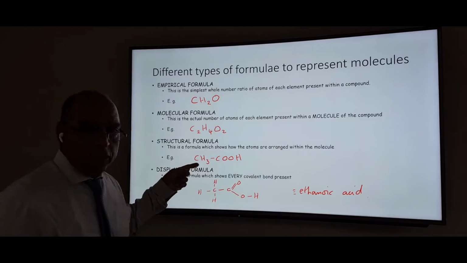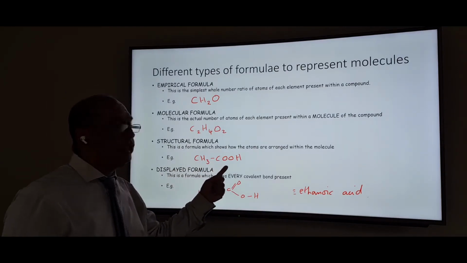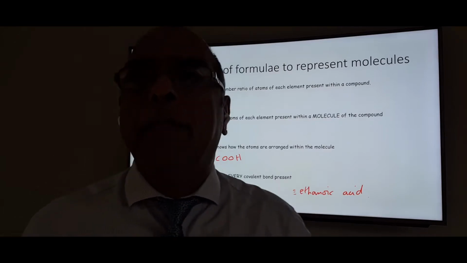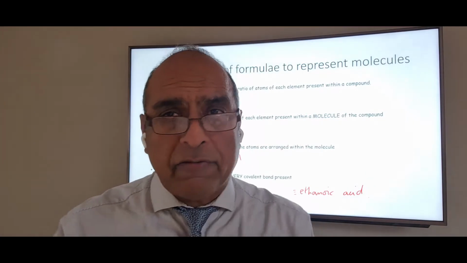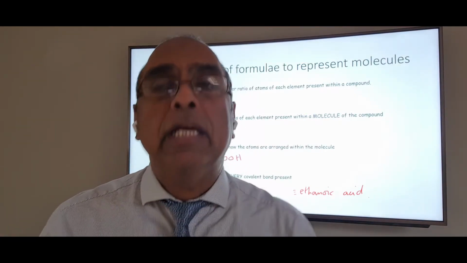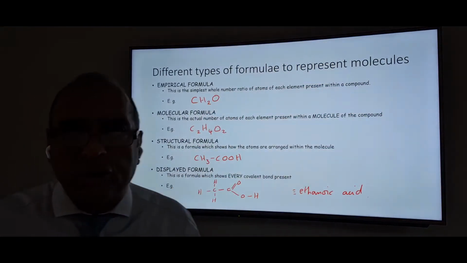For example, you might put 1 carbon with 3 hydrogens around it attached to a COOH group, and that would make it ethanoic acid, which you need to know about. It's a famous weak acid. It's vinegar, in fact.